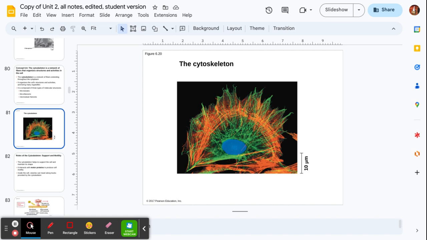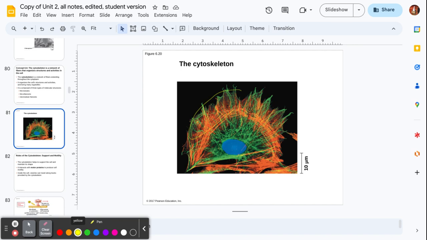I think that blue is probably supposed to be the nucleus in there. You can see how the green is all throughout the cytoplasm. The orange is more on the outside around it. And then the green actually does extend out beyond the cell wall, or, I don't know if there's a cell wall here or just a cell membrane, but it extends out. Yellow would probably be the best one here. Let's do that.